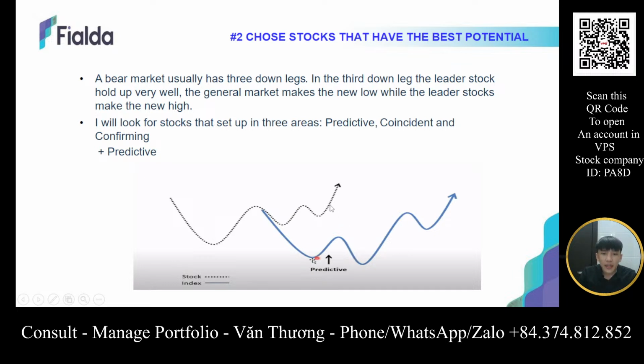At that time, one of two things can happen. One, the leader stock just pulls back a little bit, the general market bottoms and keeps going up, so the stock can move up very quickly. Or two, the stock pulls back very fast and hits your stop loss.